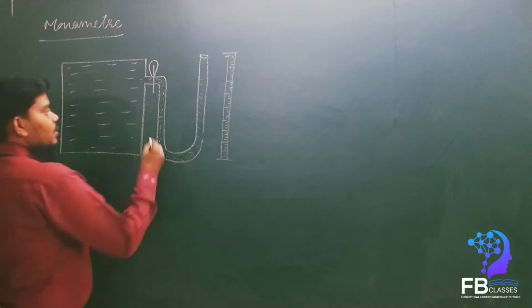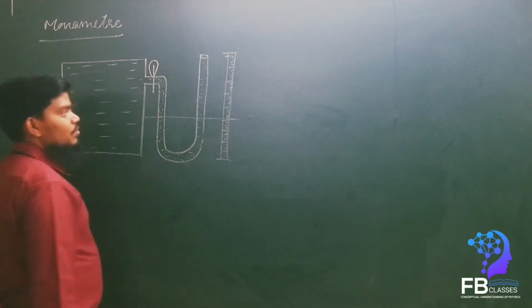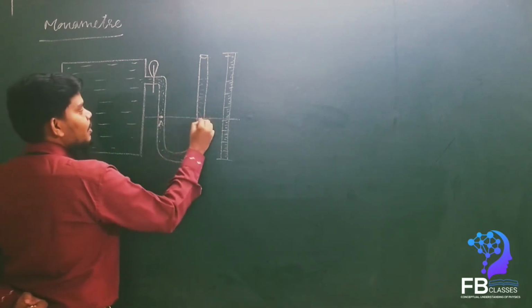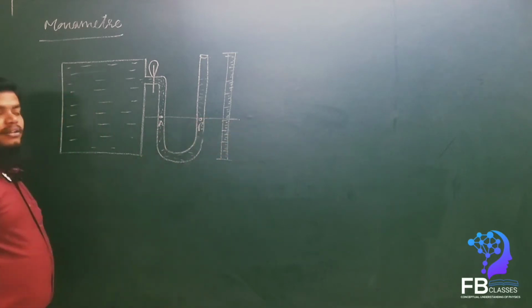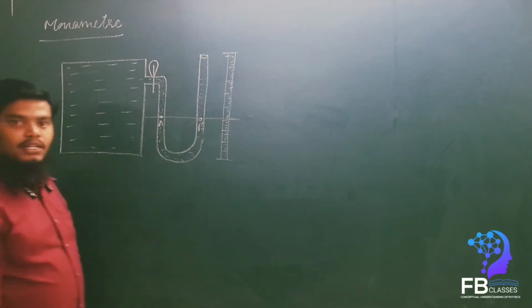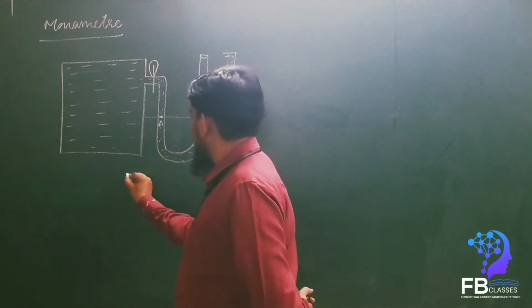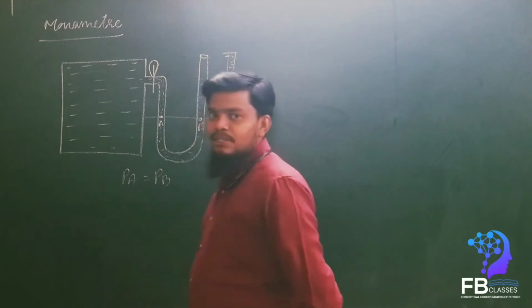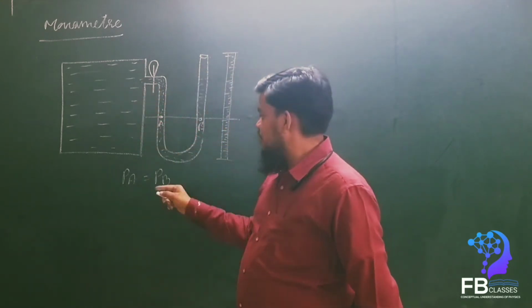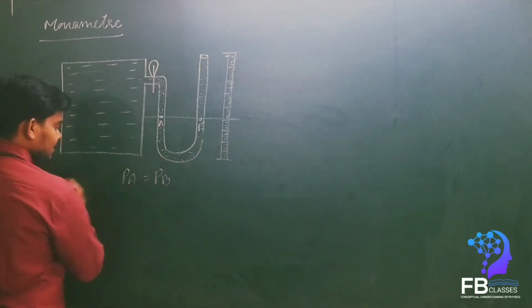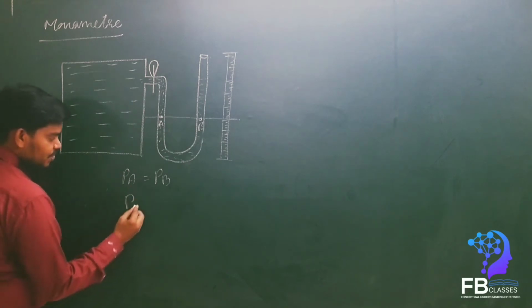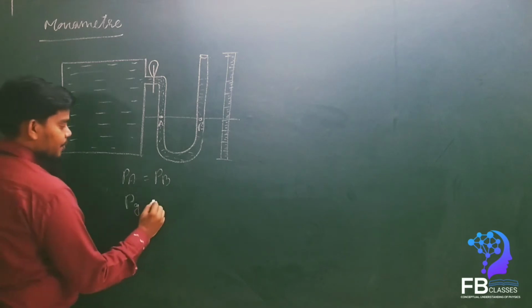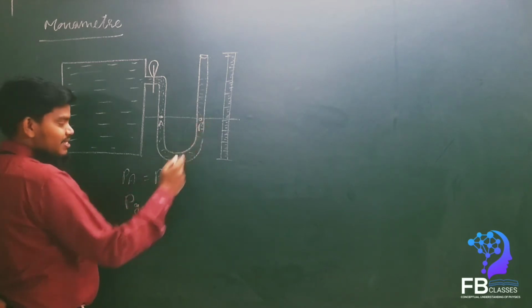Now if you take these two points, let's consider this is point A and this is point B. At the horizontal level, the pressure at both points is equal. That means PA is equal to PB. Here PA is nothing but the pressure of the gas, is it not? So the pressure of gas, PG, is equal to PB.